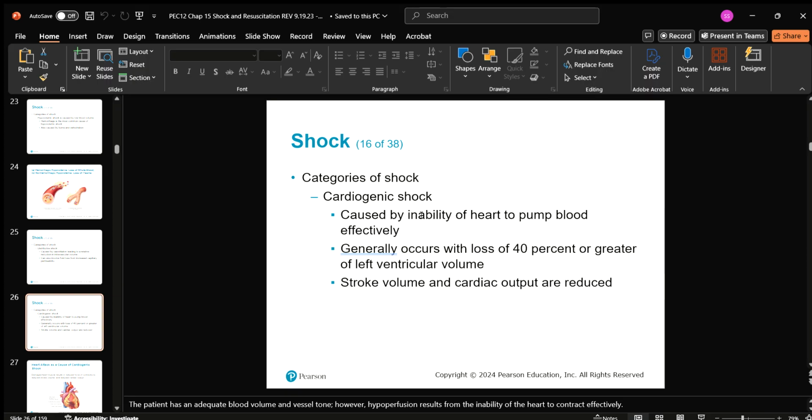MIs, or heart attack, myocardial infarction, congestive heart failure, tension pneumothorax, and pericardial tamponade. Those last two are mechanical obstructions that can affect the heart.